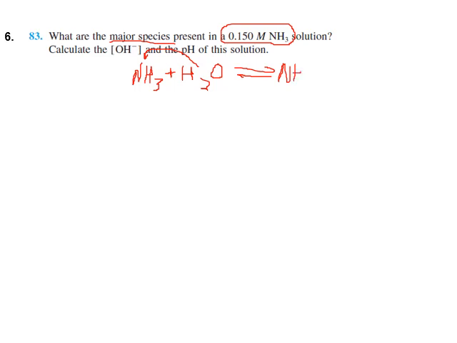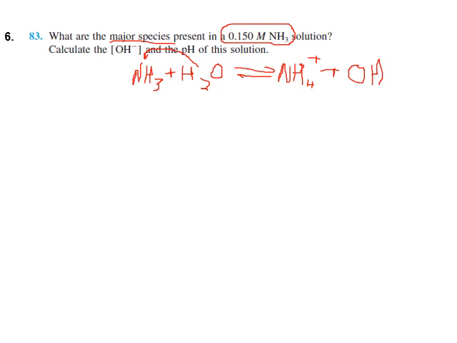And what will that do to the water? What will the water become? Plus OH minus, right? If you take an H plus off of the water, you get OH minus.